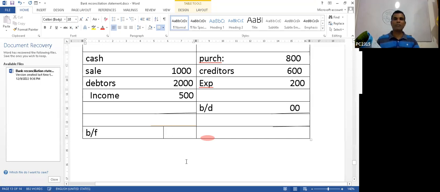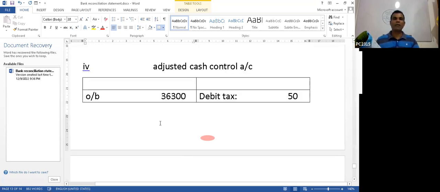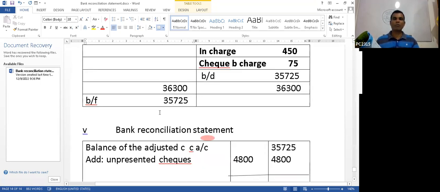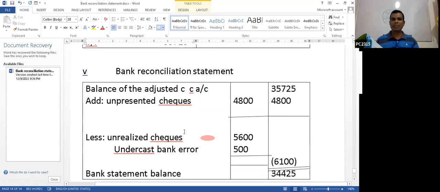And then you see, adjusted cash control account is concerned. What are the items that should be recorded in the adjusted cash control account? The reconciliation. We don't know this value. But you know the unpresented checks values are there.